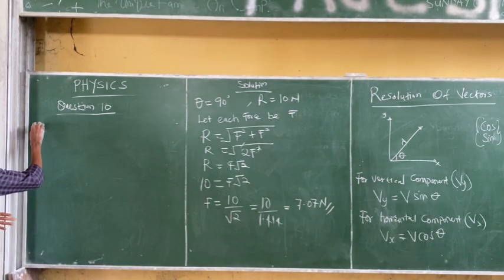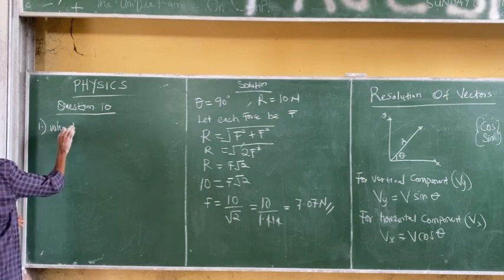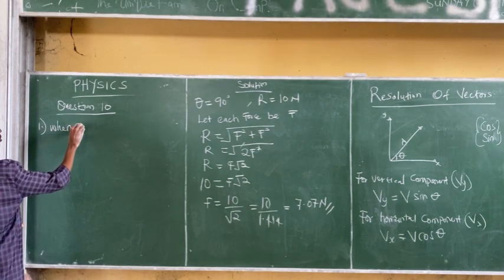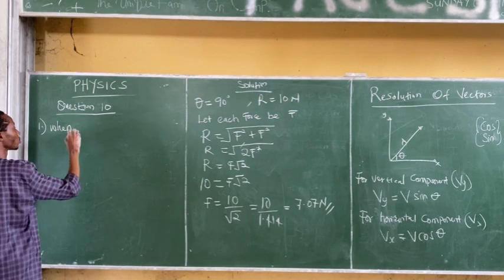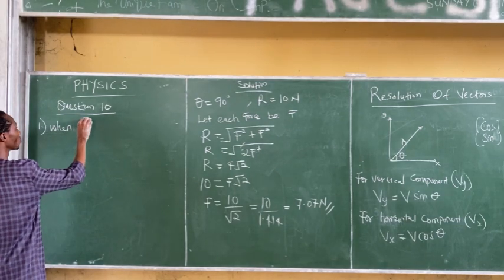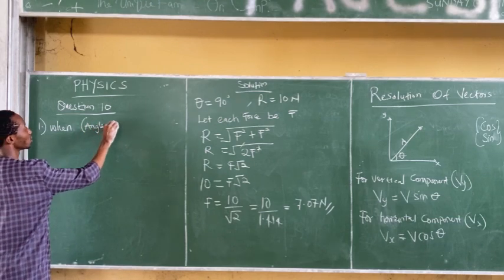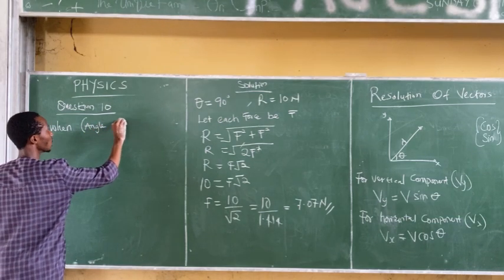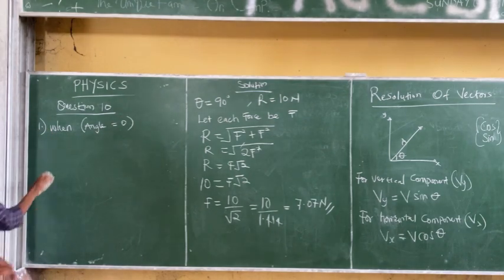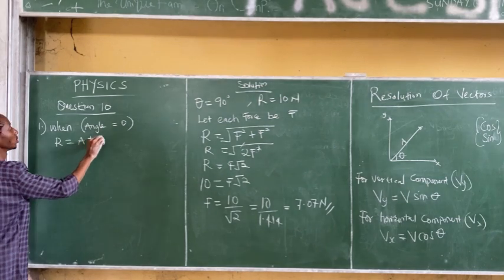The first case is when you're asked to find the maximum resultant vector, meaning the angle is equal to 0. The maximum resultant is equal to A plus B.